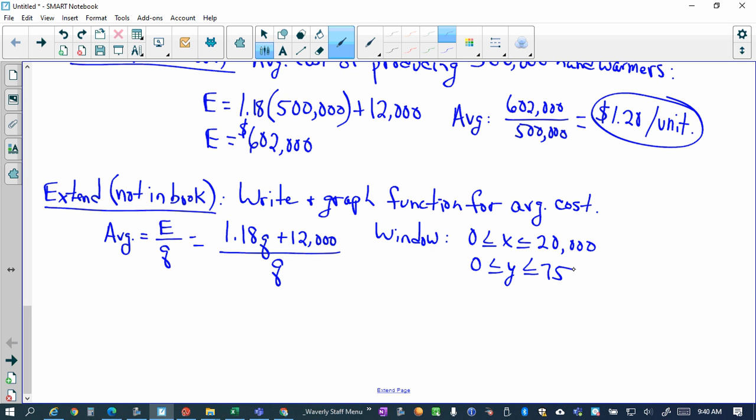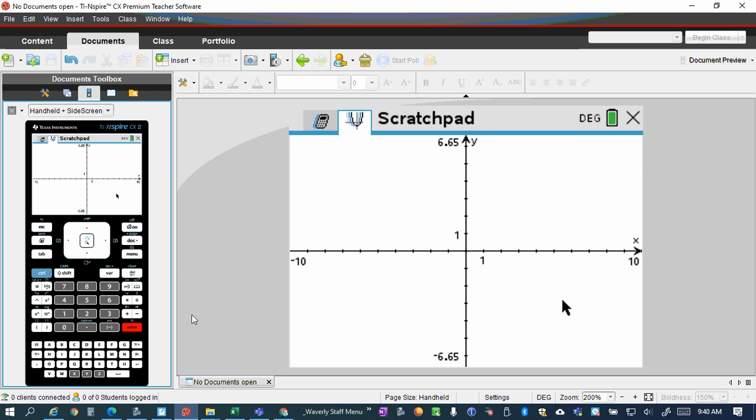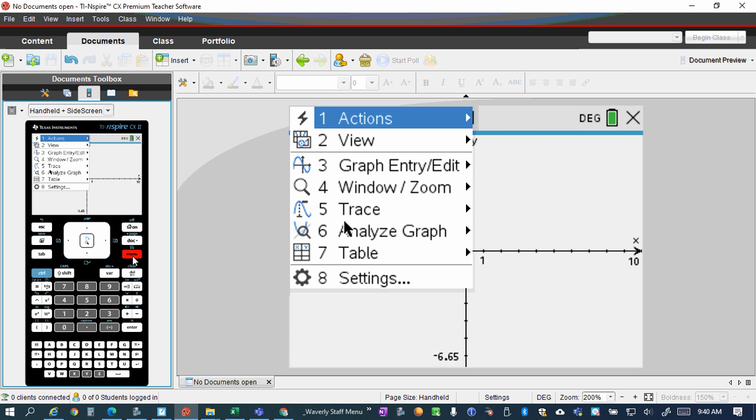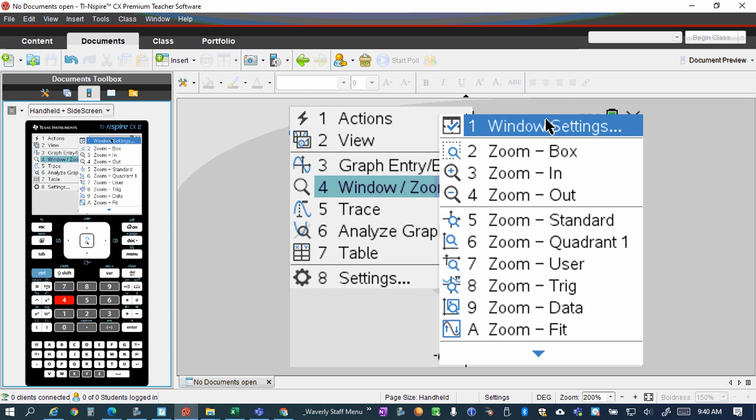Yeah, we need to see the graph, right? So let's make that change. You guys know how to do that, right? So, graph, I can't see it, right? So I'm going to hit menu. See number 4, window zoom. And I want none of these.